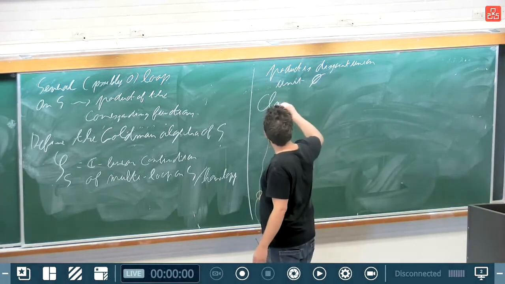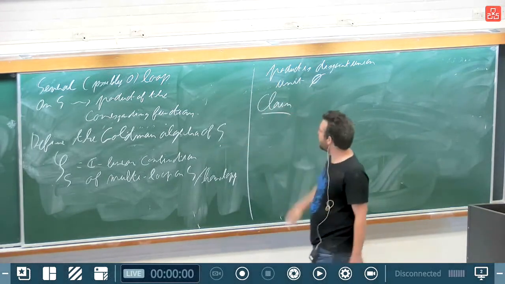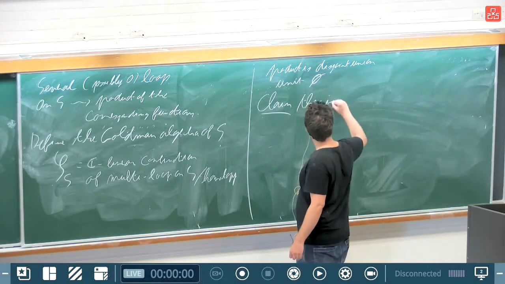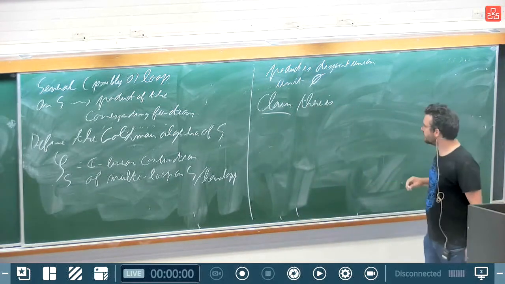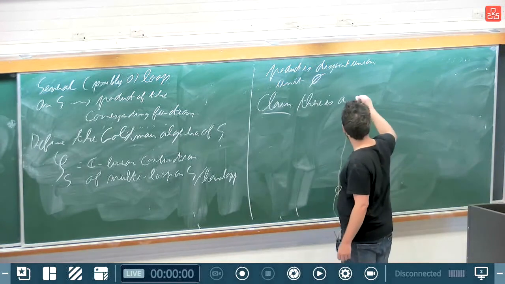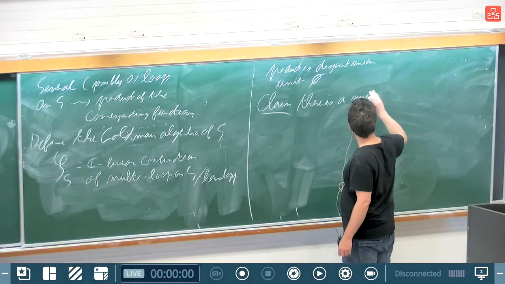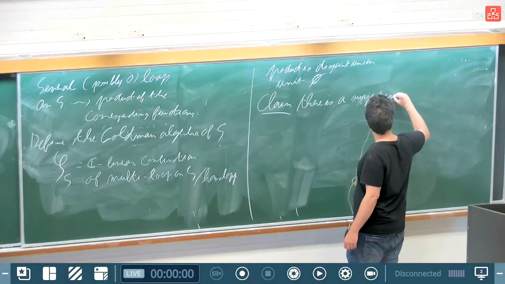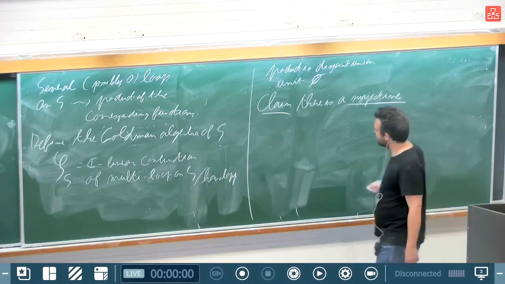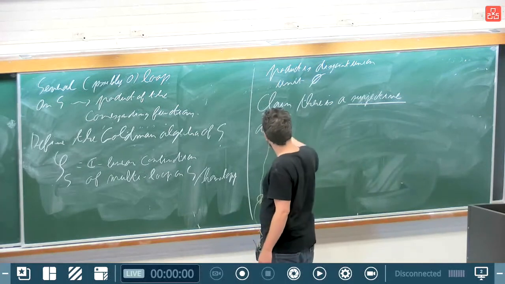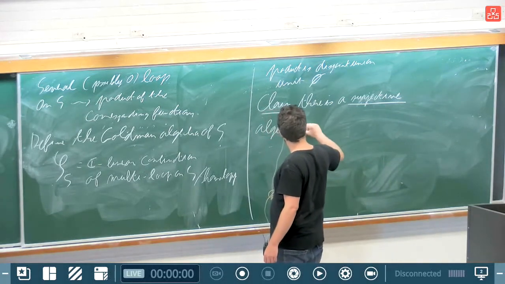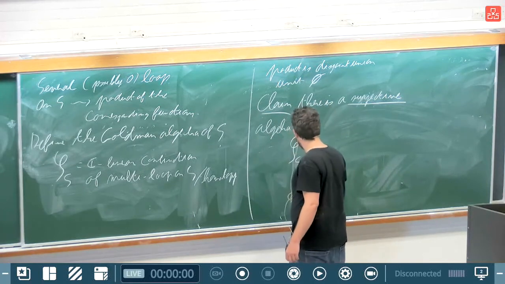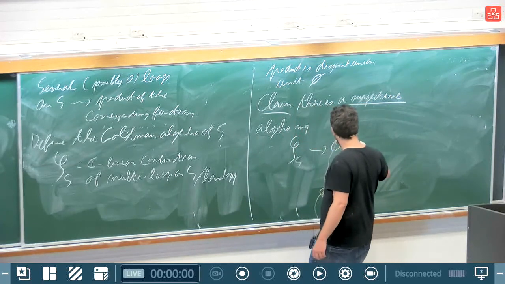And so basically the claim, which I somehow already proved, is that there is an algebra map. And it's not just an algebra map, it's actually surjective, which is the only non-trivial part. There is a surjective algebra map from this Goldman algebra to functions on the character variety.